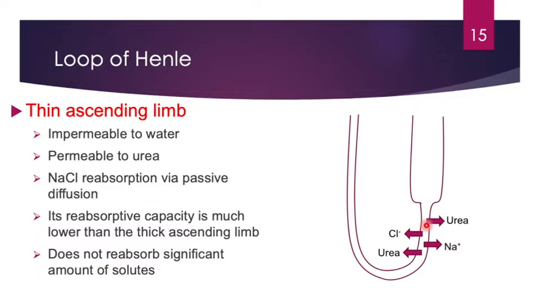This permeability to urea is also important for the urea recycling process. We will look into these 2 processes in the next lecture. Similar to the thin descending limb, the thin ascending limb also does not have transporters, so it does not reabsorb a significant amount of solutes. Its reabsorptive capacity is much lower than the thick ascending limb.